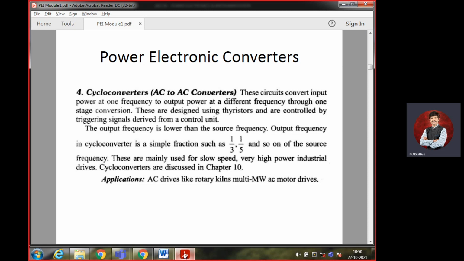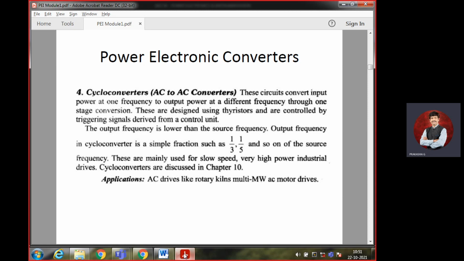One cycle, or how many cycles we have per second, we are going to calculate. If the cycles are different, these are the cycles. The yellow color cycles are fewer, your purple color cycles are more. So cycles are getting converted. That is AC to AC.